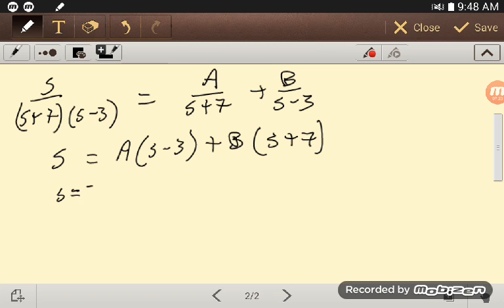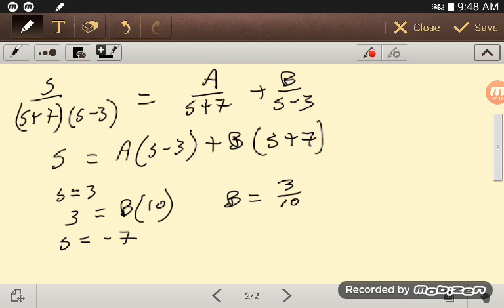So if I let s equal 3, I get 3 equals b times 10. And so I know right away that b equals 3/10. And if I let s equal negative 7, I have negative 7 equals a times negative 10. Oh, that's interesting.